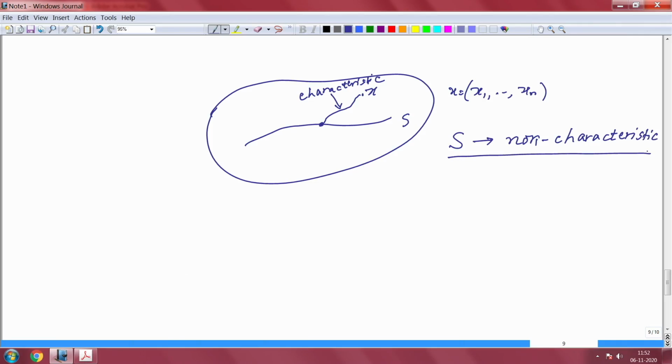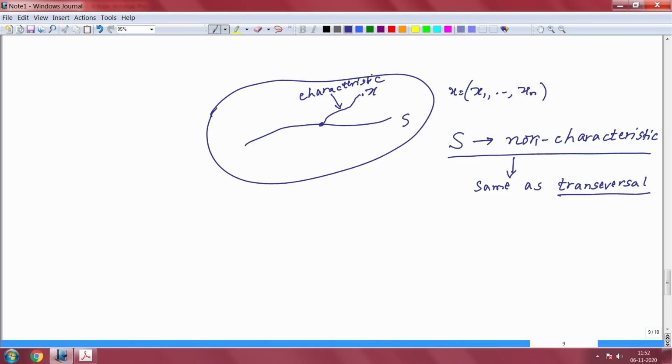Let me just briefly mention what that non-characteristic is. So, in the two variable case it is the same as transversal. Transversal to the given PDE. So, non-characteristic with respect to the given PDE. Okay.